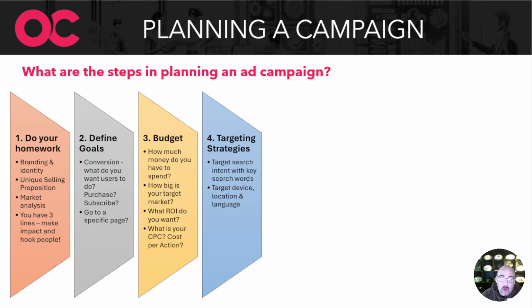We need to think about our targeting strategies. So as we mentioned before, guys, when we're looking at the keyword research and analysis, what is the search intent? Why are people actually putting that search term into the search engine? What are they actually wanting to do with that? So we need to make sure that we are using the right keywords to get the right people.